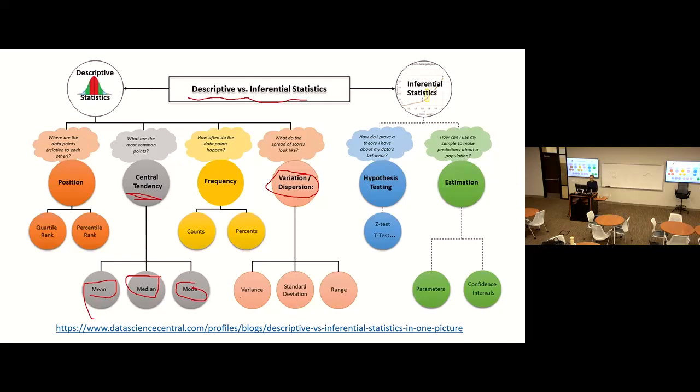Basically you use variance, standard deviation, or range. That's what you need to remember. Then there is inference, including statistical tests or estimation of parameters, and also confidence intervals. This is what a statistician normally does.